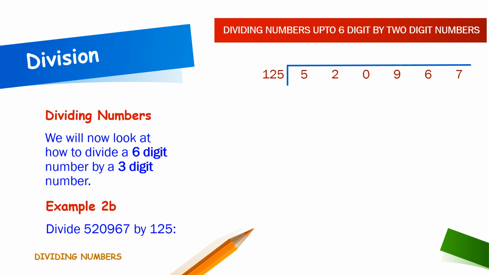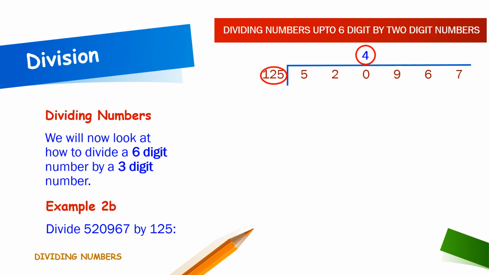Now check how many times 125 goes into 52. Clearly, again, there are no 125s in 52, so we put nothing here. Now check how many times 125 goes into 520. There are 4 125s in 520, so we put 4 here.